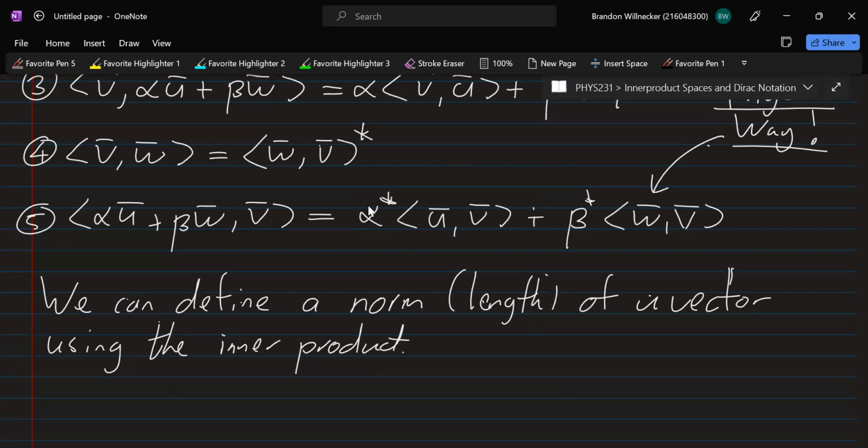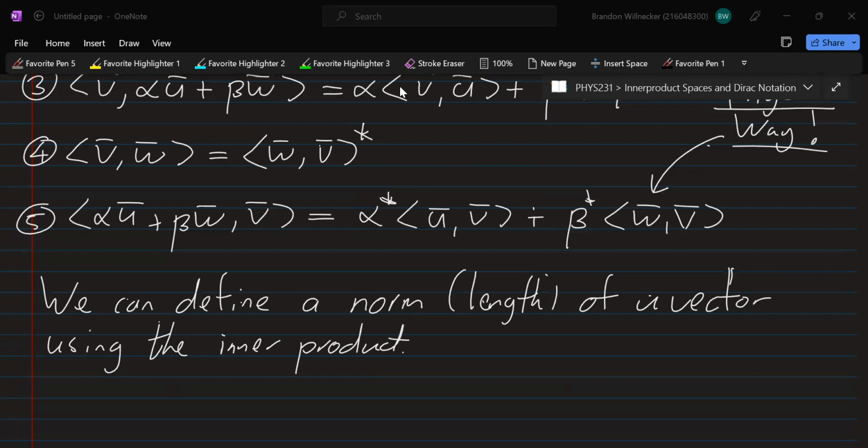Of course you can define a norm separately from an inner product. So you can have an inner product defined one way, and a norm defined another way. However, since we have this inner product, we might as well use it to define the norm, and that will give us a way of measuring the length of a vector.